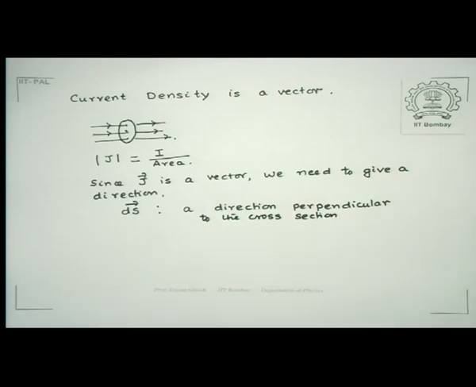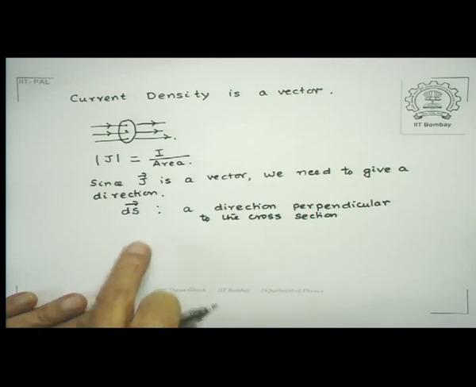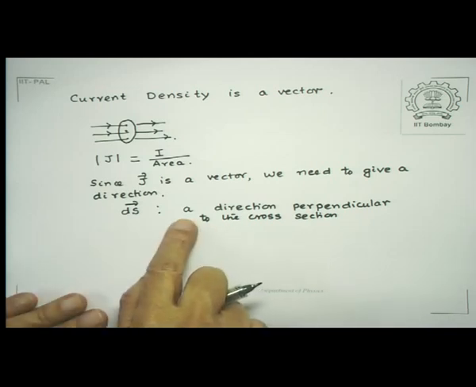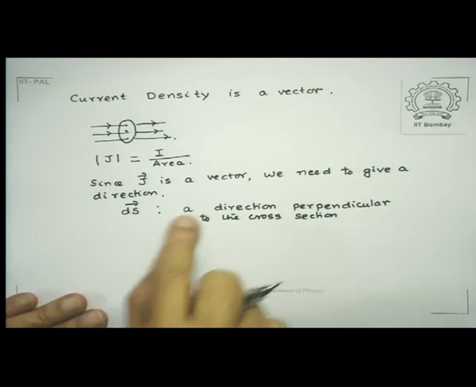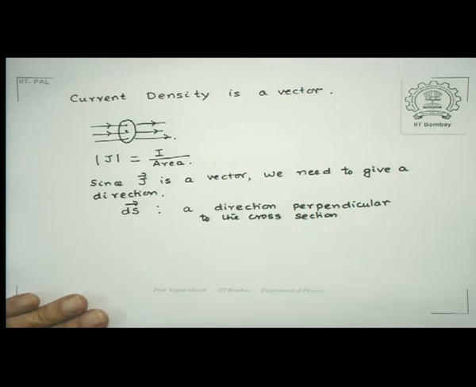Obviously this definition makes sense only if the area is infinitesimally small. Now, this direction: every surface has two directions, one in which the current is coming in and the other side of the surface is the direction from where the current is coming out.